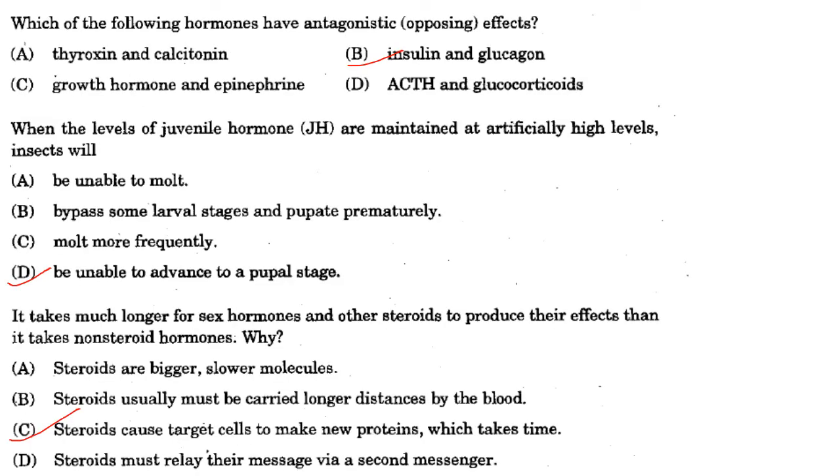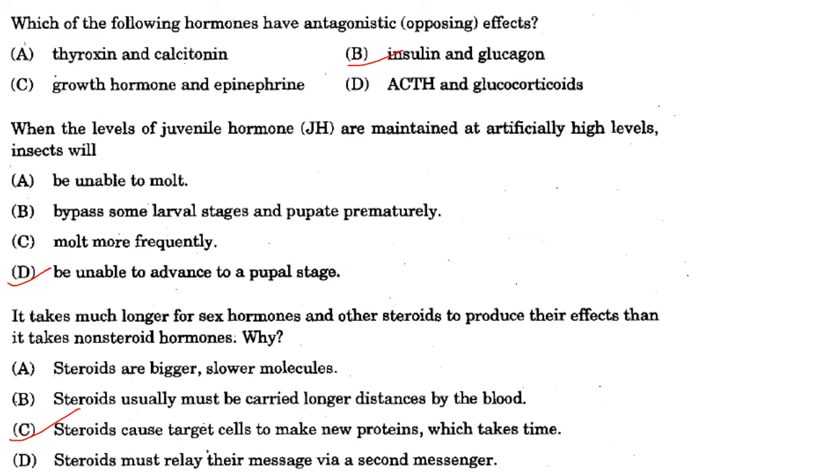Then next one. Which of the following hormones have antagonistic, that is opposing effects? So insulin and glucagon is the answer. Now insulin and glucagon are produced by beta and alpha cells of islets of Langerhans of pancreas. Both act antagonistically to each other. Insulin decreases the blood glucose level while glucagon increases blood glucose level.